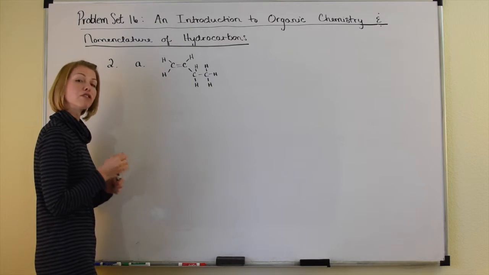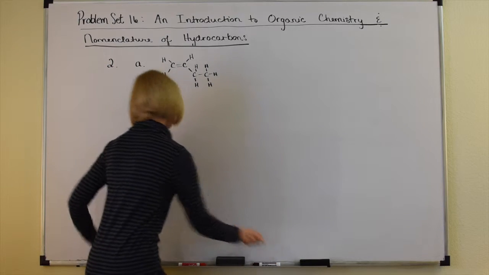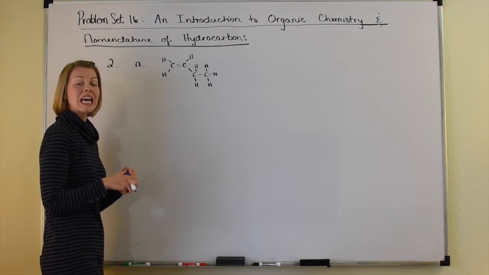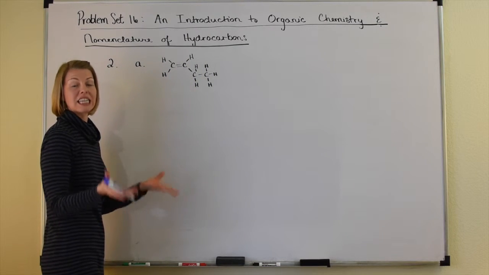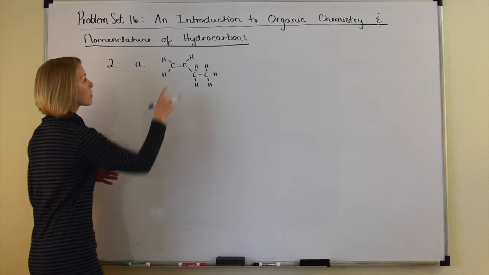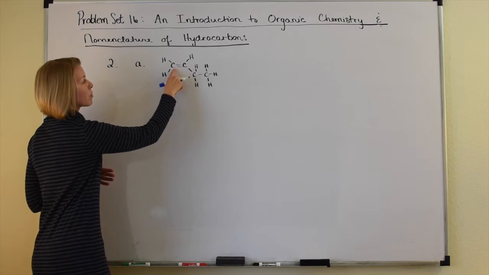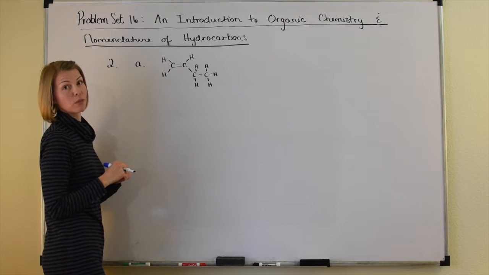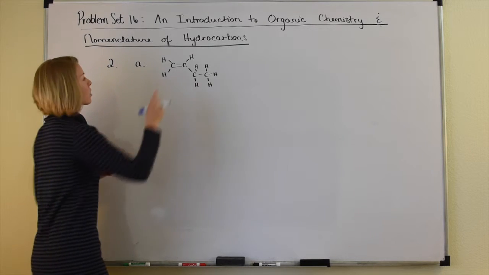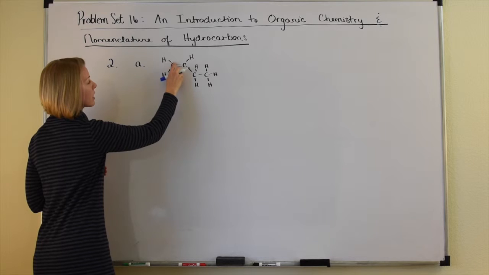Now remember, if you're trying to figure out whether or not an alkene can exist as a cis and a trans isomer, we want to first look at the carbons that are part of the carbon-carbon double bond. So let's look at this first carbon here.